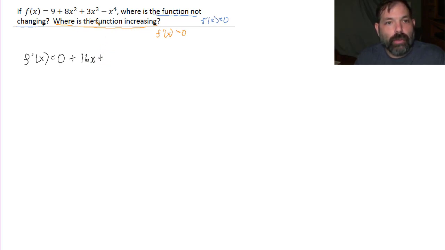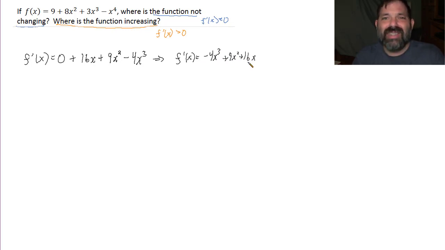Plus, 3x cubed, the derivative would be 3 times 3, 9x squared. Minus, the derivative of x to the fourth would be 4x cubed. So let's clean that up. The f prime of x is negative 4x cubed plus 9x squared plus 16x. And I just wrote it in descending order because I like that better.